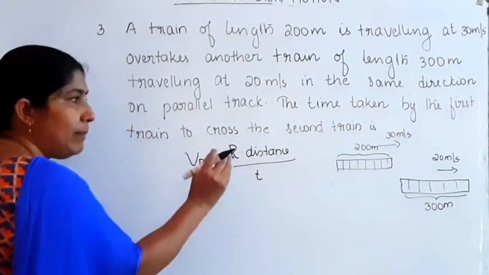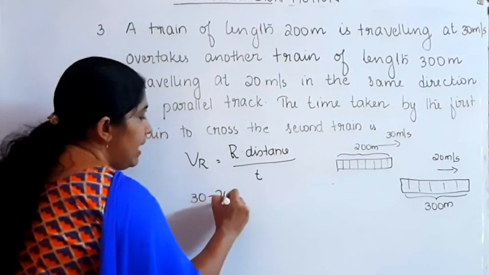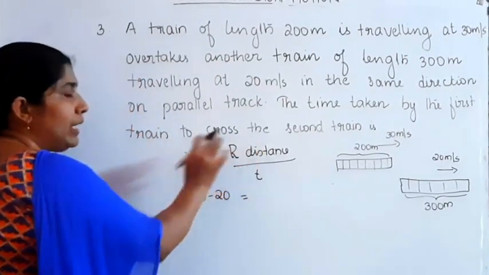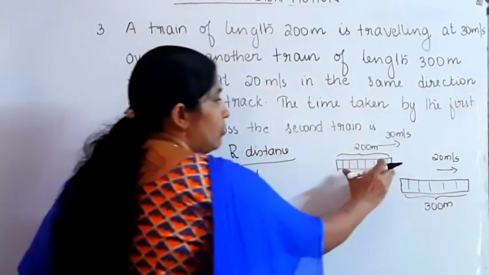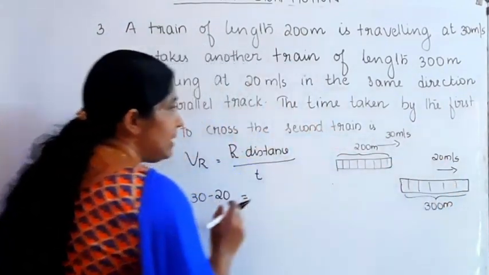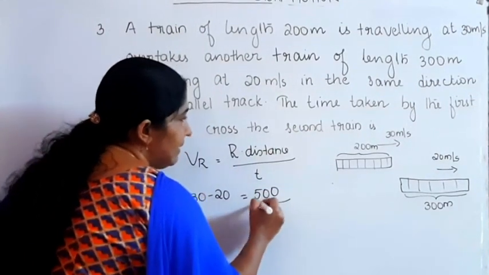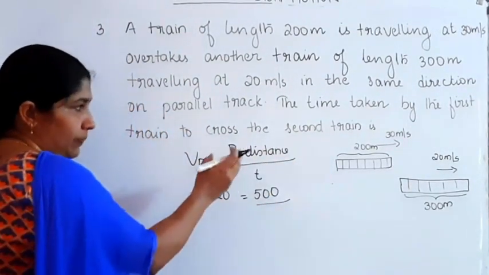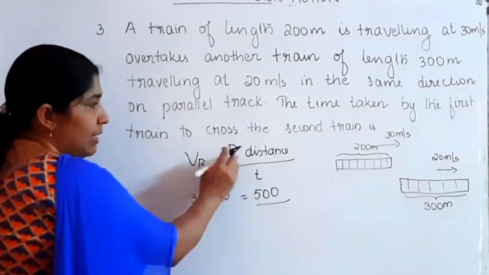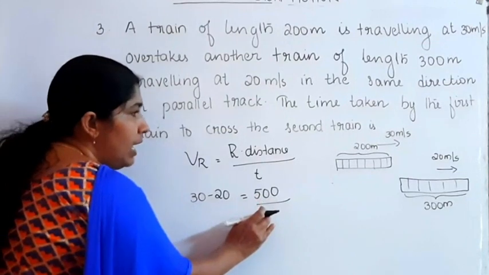That is 30 minus 20. What about the relative distance? The first train wants to cross the second train. Therefore, the total distance is equal to 500. Okay, just add the lengths of the two trains. That's the relative distance.